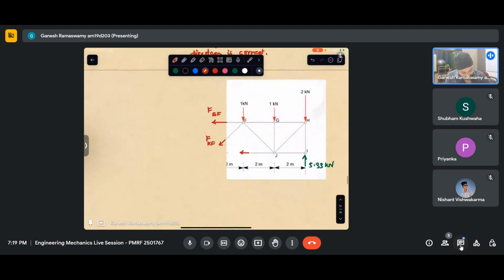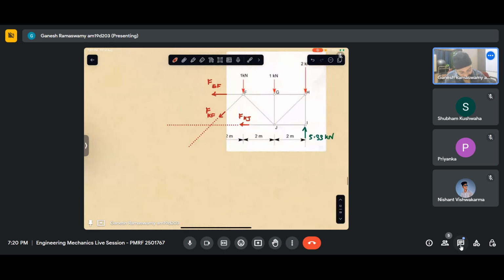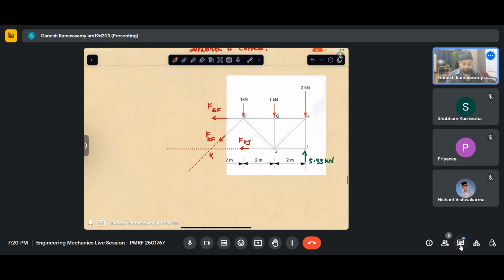And I have this as FKJ. If I extend this line and this line, I have this joint. This joint is K. Okay, so far so good.